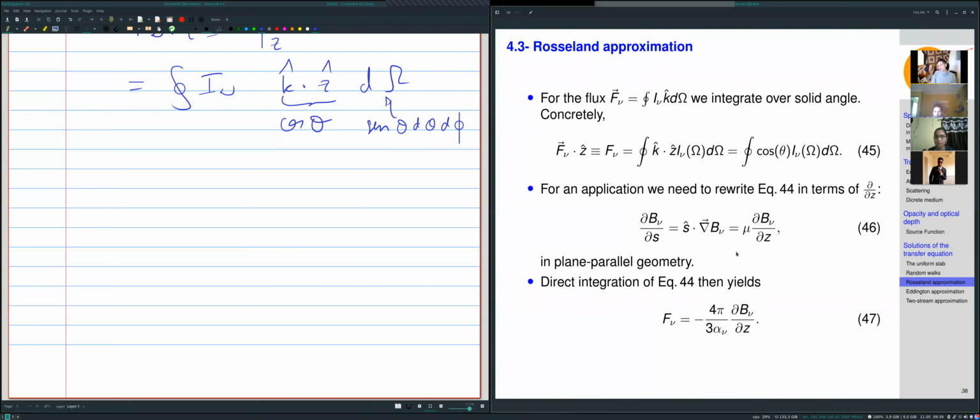Yes, so we saw last time that this is indeed the case. We have this is z direction, this is s, and that would be theta, and we have here mu equals cosine theta.